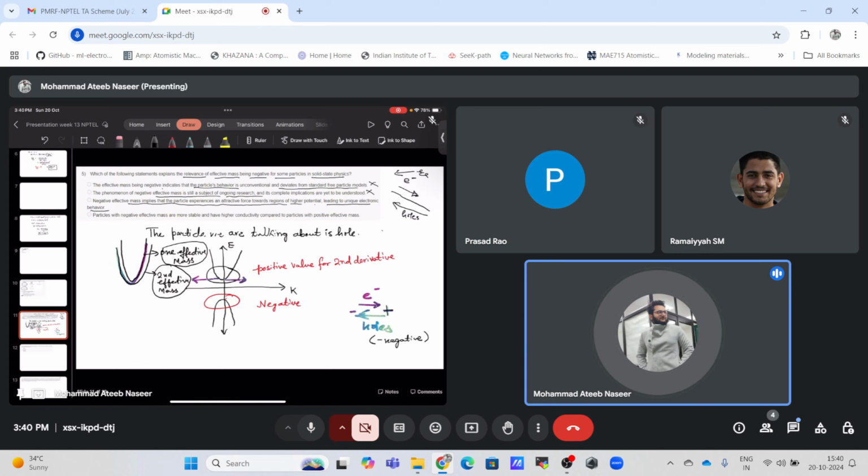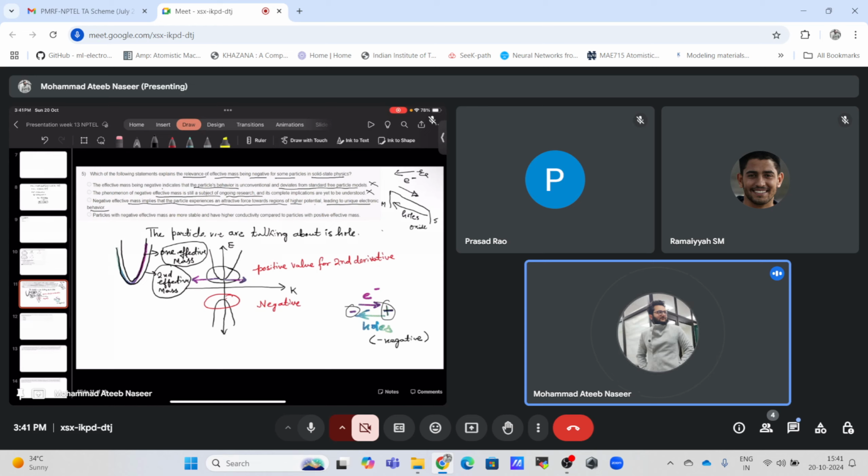I should have drawn it like this as well: this is the interface of the metal, this is the interface of the semiconductor, and this is my oxide. So the electrons will move down the hill and the holes will move up the hill. That is the analogy in terms of the potential.